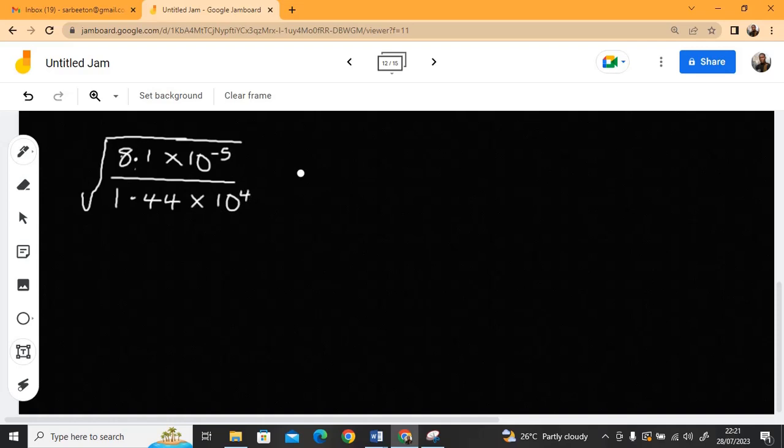They ask us to do this, but without using mathematical table, or just simplify. Leave your answer in standard form. In standard form. Now, how do you solve this?